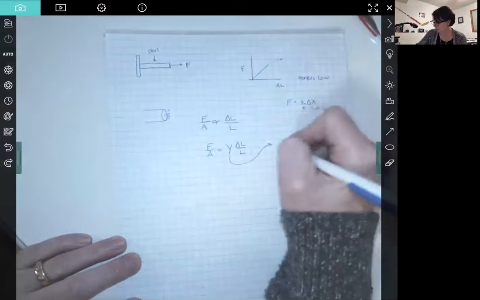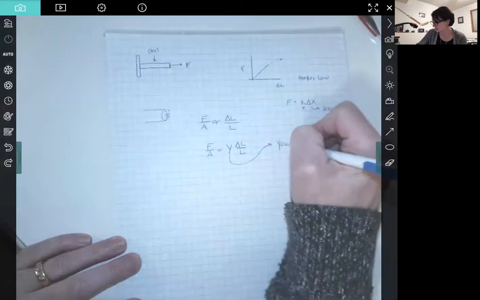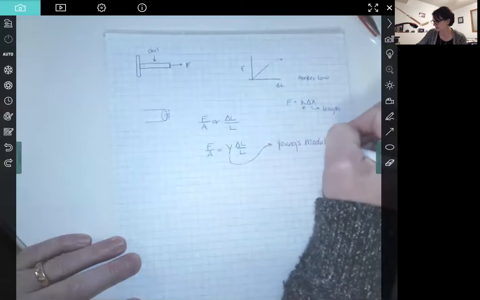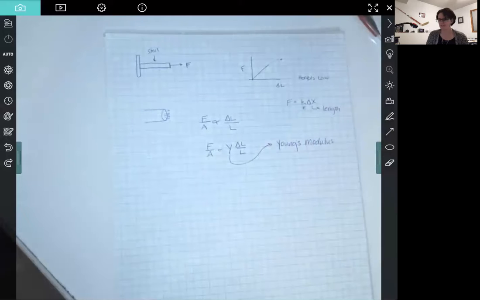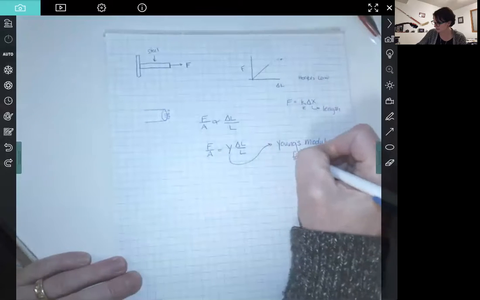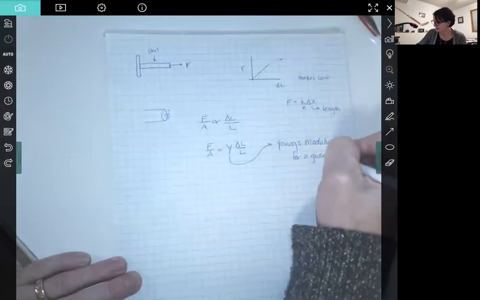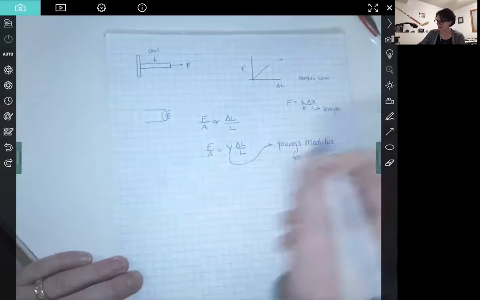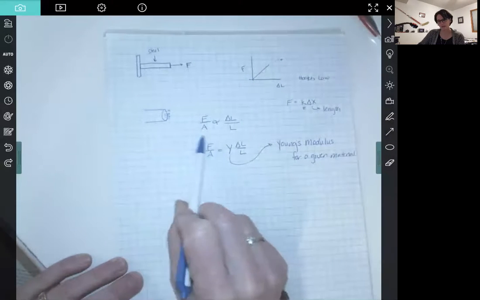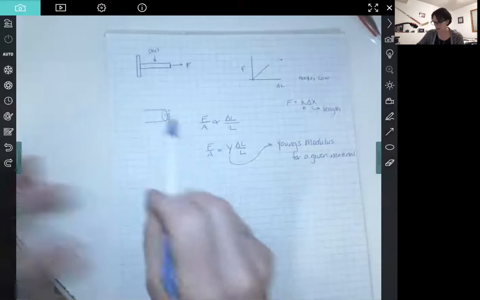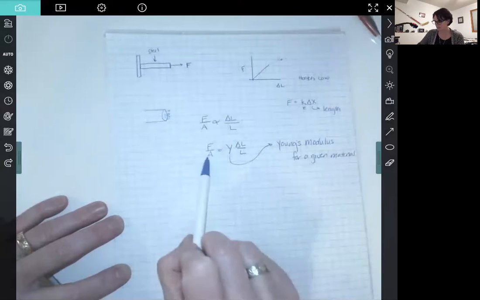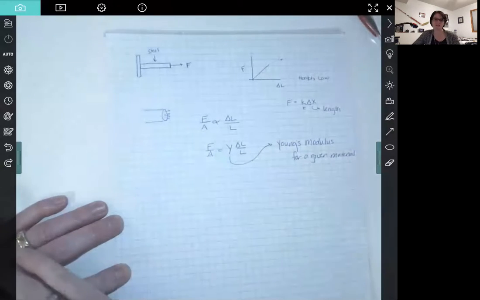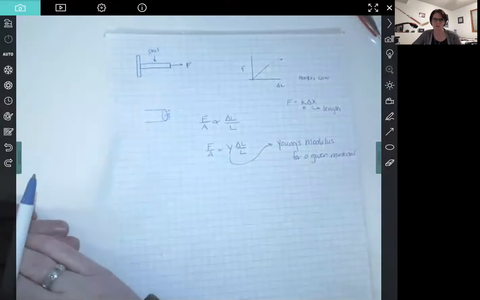We use the variable Y, and it's called Young's modulus. And so this is for a given material, and it describes, in essence, how much force has to be applied to that particular object, dependent on its area and that particular material, to get the object to change its length, to stretch that steel pipe just a little bit.